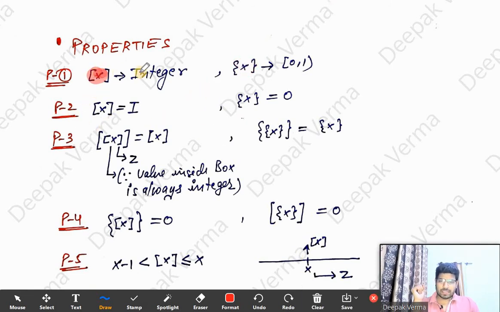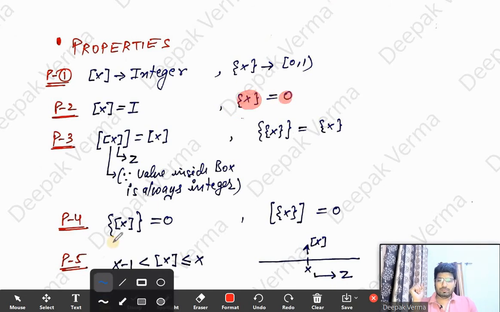Since box x is an integer, and an integer is generally denoted by capital I, or we can also denote it by capital Z, it's a symbol of integer. So box x can be represented by capital I or capital Z. I hope it is clear. If x is an integer, then the fractional part of x will be 0. Let us take an example.